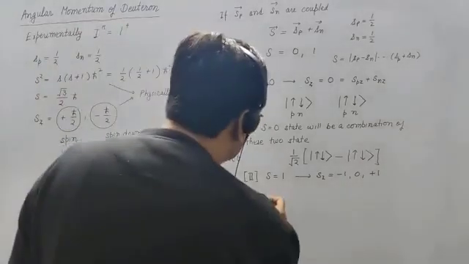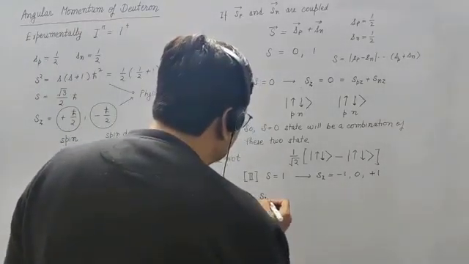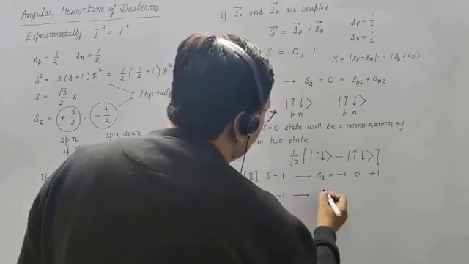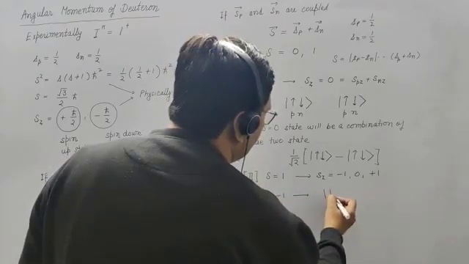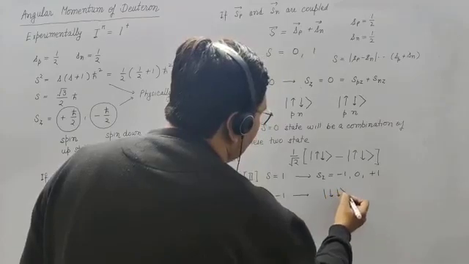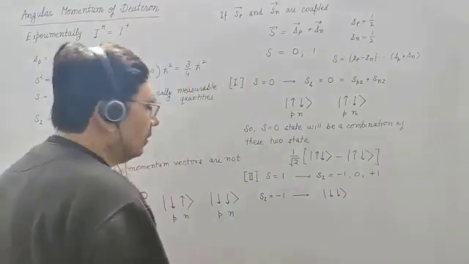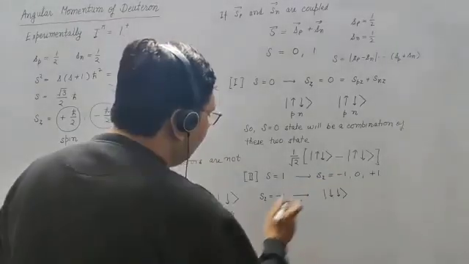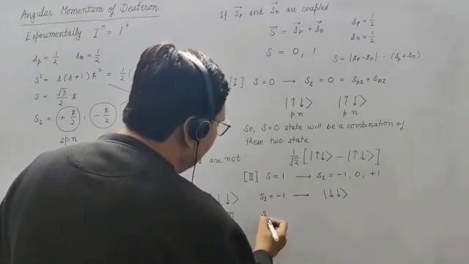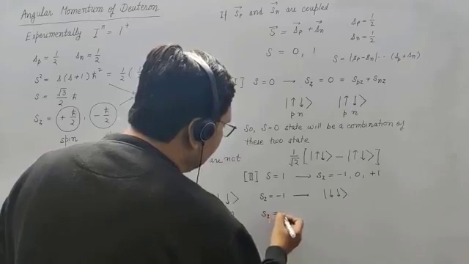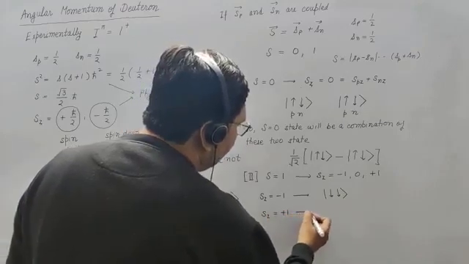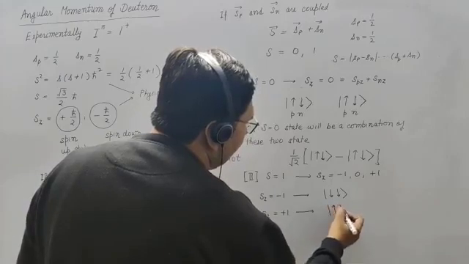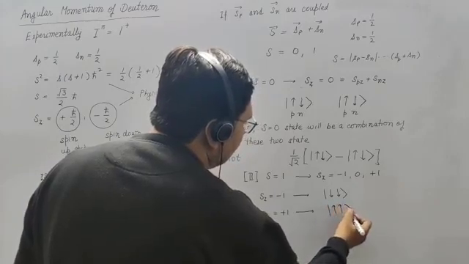Corresponding to Sz equal to minus 1, the possible state will be this one. Both spins are in downward direction, so this Sz will be minus 1. Sz equal to plus 1 will be corresponding to this state. Both these spins are in upward direction. This will be the second case.